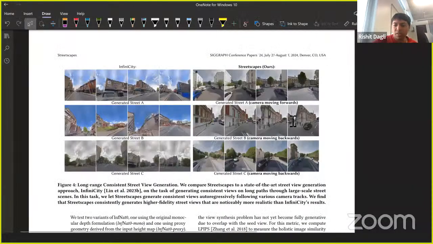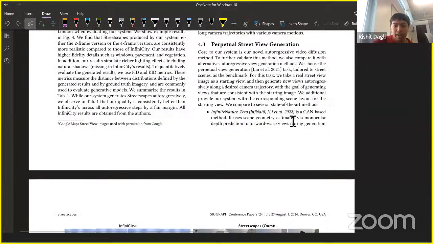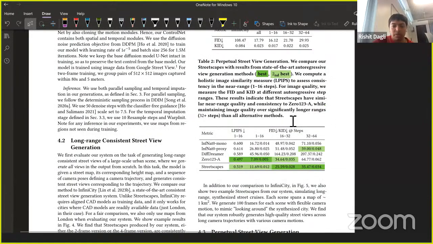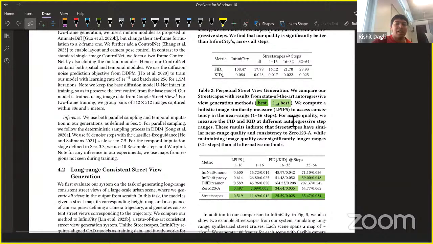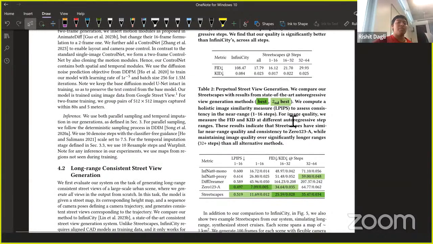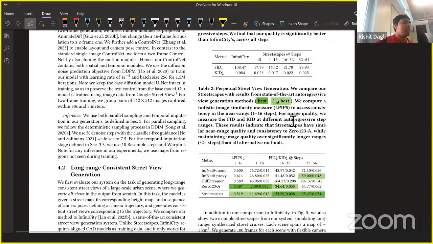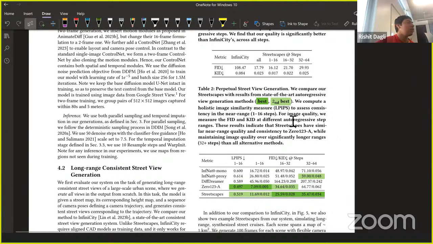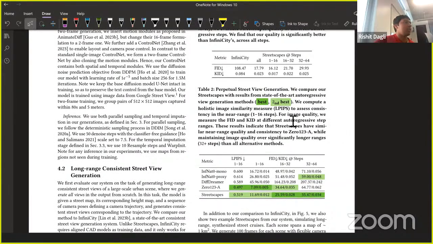So this is what they talk about, and they also have a few quantitative results. These aren't perfect methods to evaluate this kind of stuff because you aren't doing scene reproduction, so you don't want to end up with the same scene.